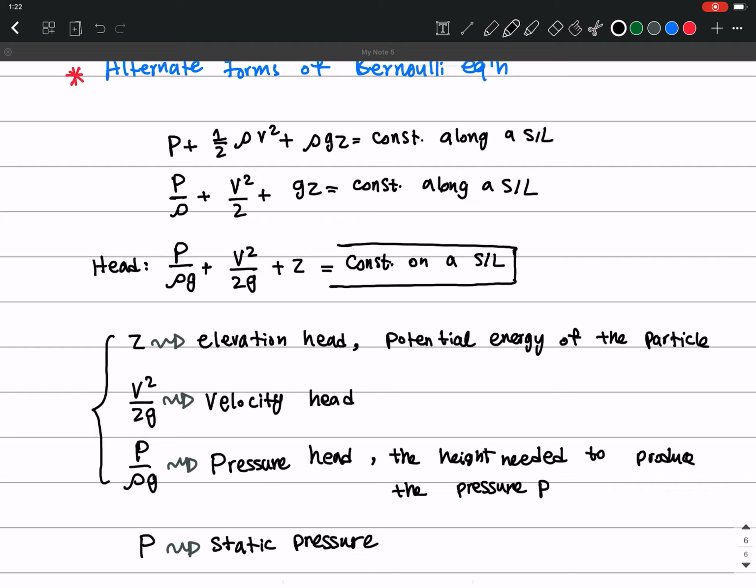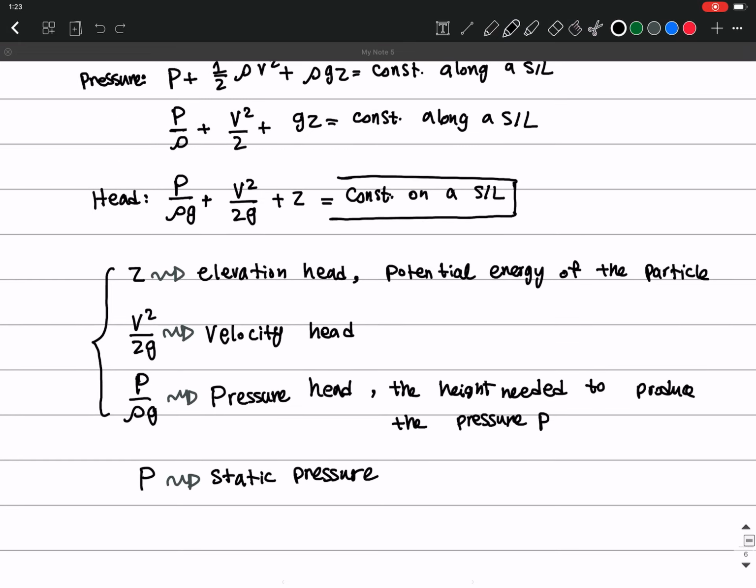The first one is pressure head, second one is velocity head, and third one is elevation head. And in this equation, all of them are pressure, because everything has the unit of pressure. As one of the first principles we learned in the course, you can only sum two quantities which have the same unit. So this has the unit of pressure, so this should also have a unit of pressure, and this should also have a unit of pressure.